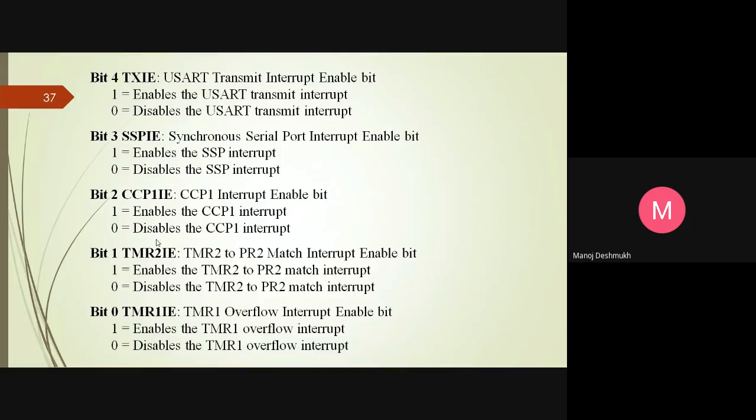After that, TMR2, timer 2, used with the period register PR. Again, the same formula: if you want to detect that interrupt, you should make that bit, TMR2IE, 1, and the interrupt is detected as TMR2IF. F is for interrupt flag and E for enable, as we have seen already.